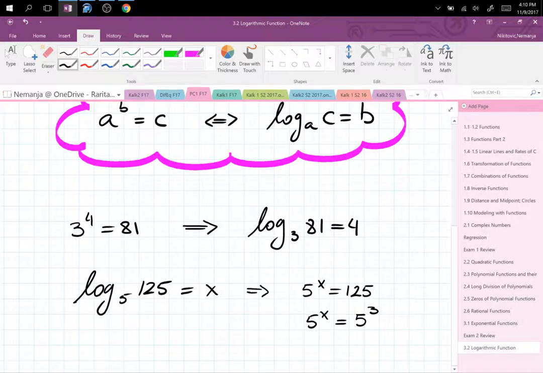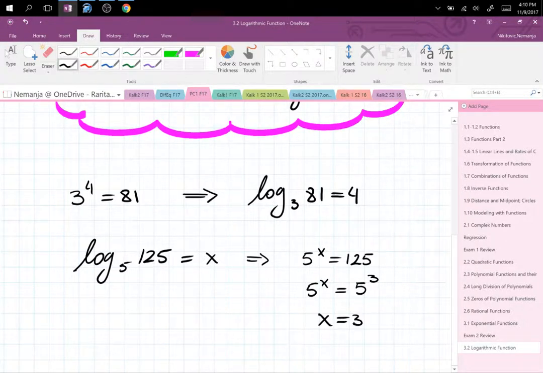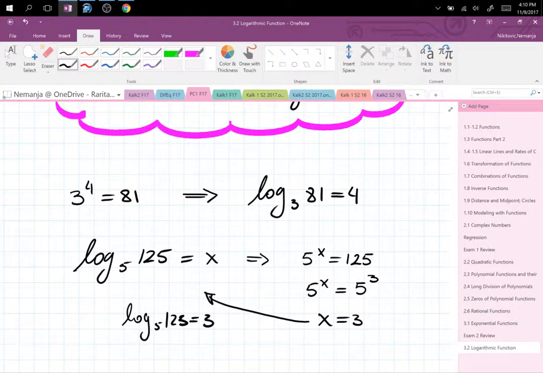There we go. And now you quickly see that x is 3, which means that log base 5 of 125 is 3, because you just computed x. So yeah, it's a really long way around to compute logs. Not as easy as 17 plus 7 is 24. You have to chase it a little bit.